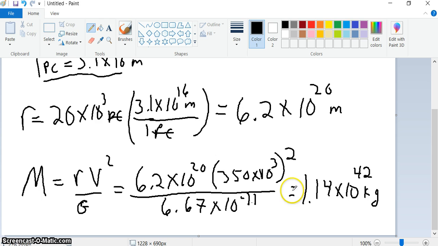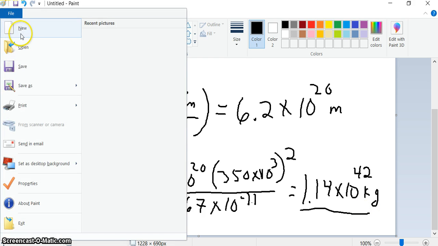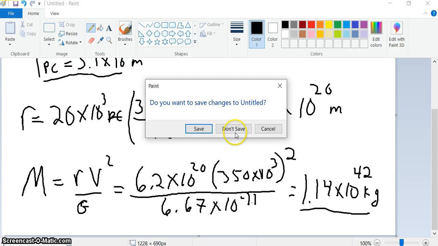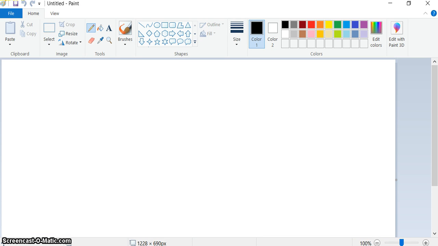Now it doesn't want the answer in kilograms. It says what is the mass in solar units. All right, so we have to convert this mass right here to solar units. All right, I need a little bit more room to do that. So here we go. All right. So just as a reminder, we're just going to use the mass of the sun, right, as we always do.